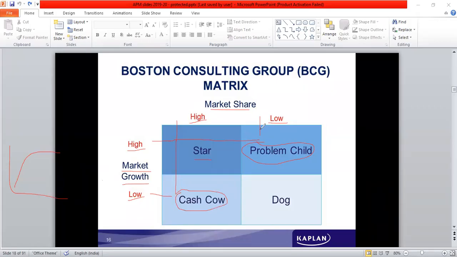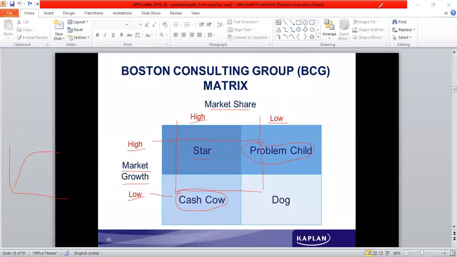Someone who has not achieved anything now, where market share is low, and there is also no scope for them to do well in the future, since market growth is also low. If the market share is low and market growth is also low, then we call them dogs. Now, what is with dogs?